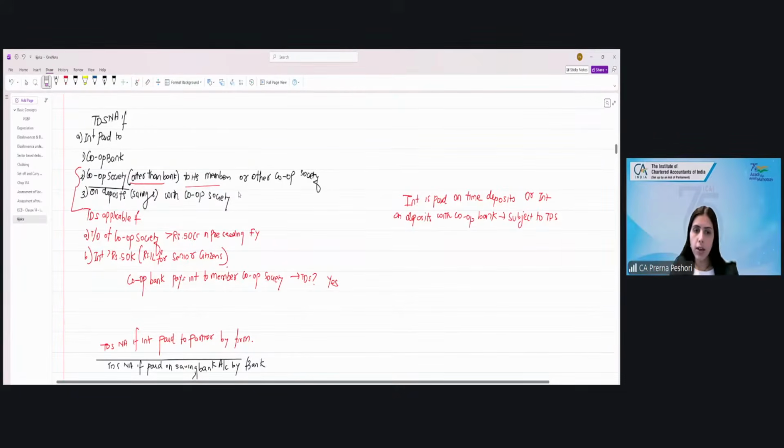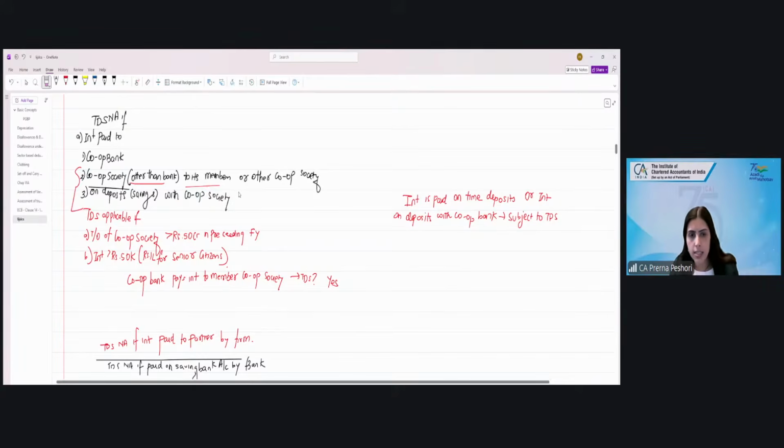Yes or no? Fine. Then there are other exceptions on which the TDS is not applicable. Interest paid to the banking companies, cooperative banks, financial corporations, LICs, Unit Trust of India, interest on the compensation awarded by the Motor Accident Claim Tribunal where the amount is less than 50,000, interest paid by a special purpose vehicle to a business trust.